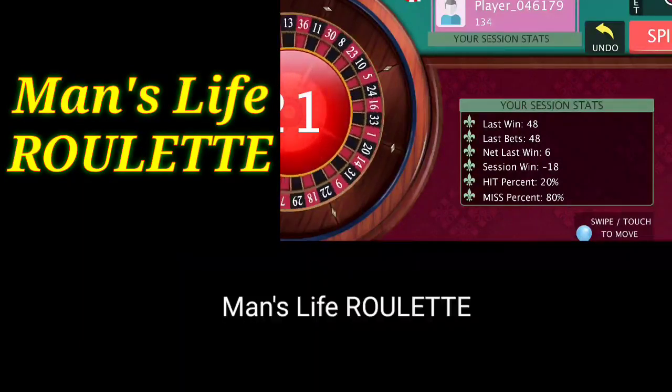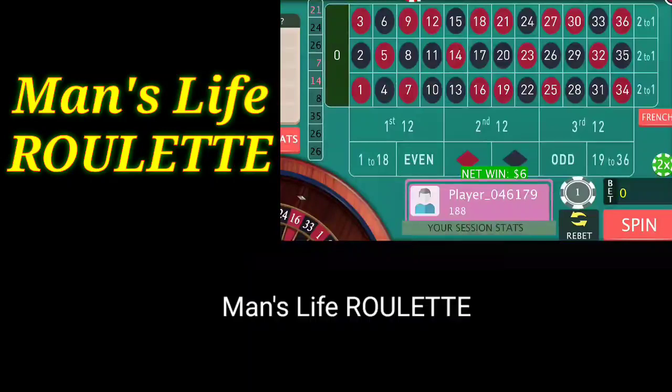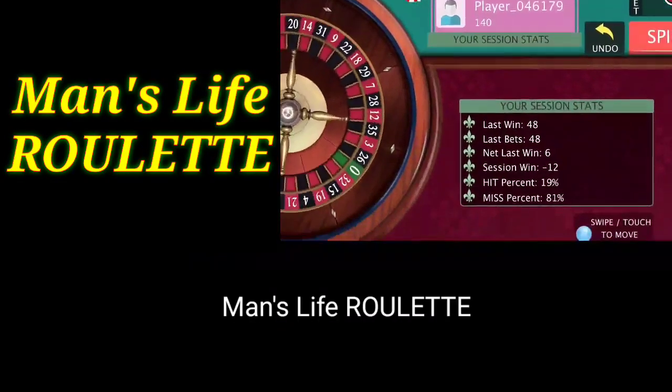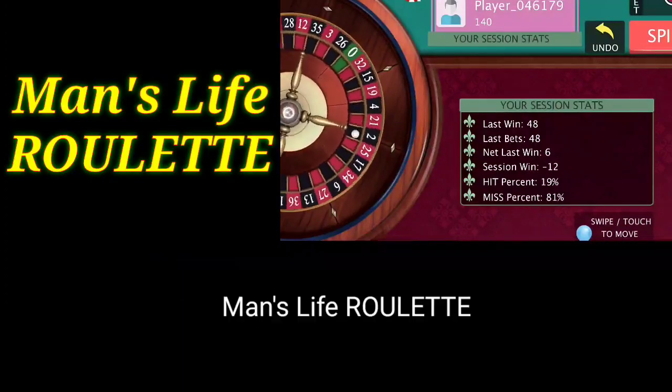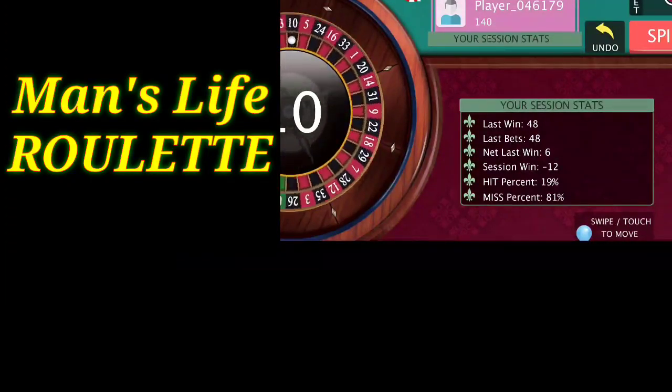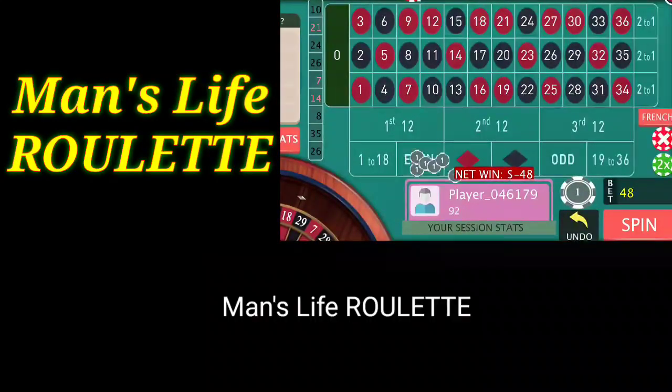It's 21, again a winning number. This is a static bets position strategy. That means you can apply this strategy quite easily to your online gameplay also. So again I lose here.